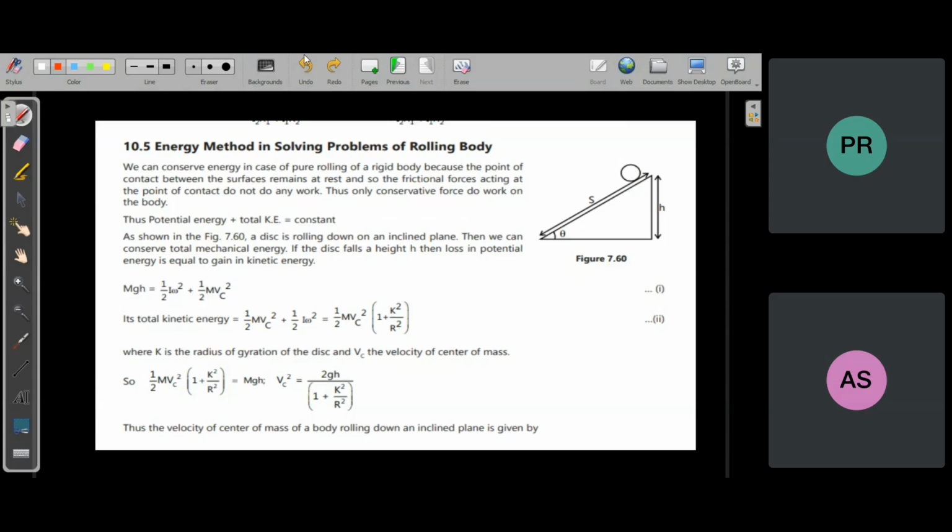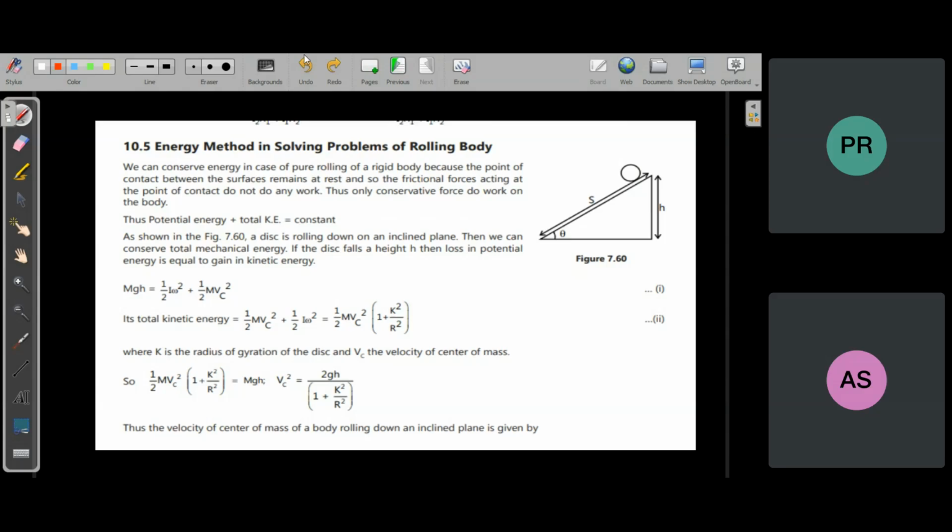While it is rolling, friction is acting on it. Sir, we can apply conservation of energy. So why can we apply it?